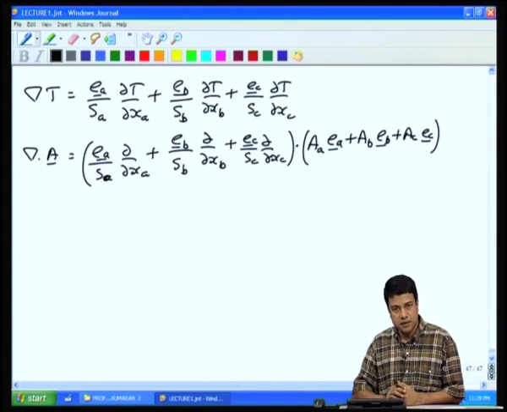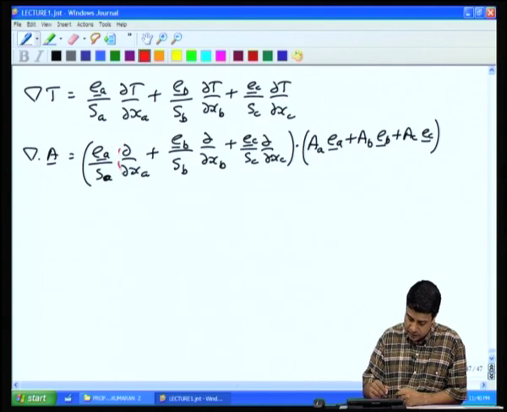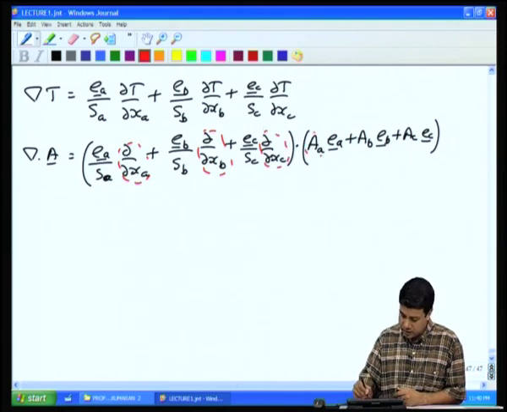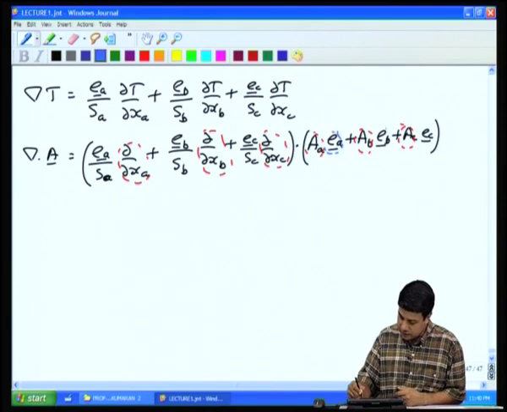So, when I am taking this divergence, I have to take derivatives of the components, as we usually do in the Cartesian coordinate system, as well as of the unit vectors here. Okay, we take derivatives of the unit vectors as well.